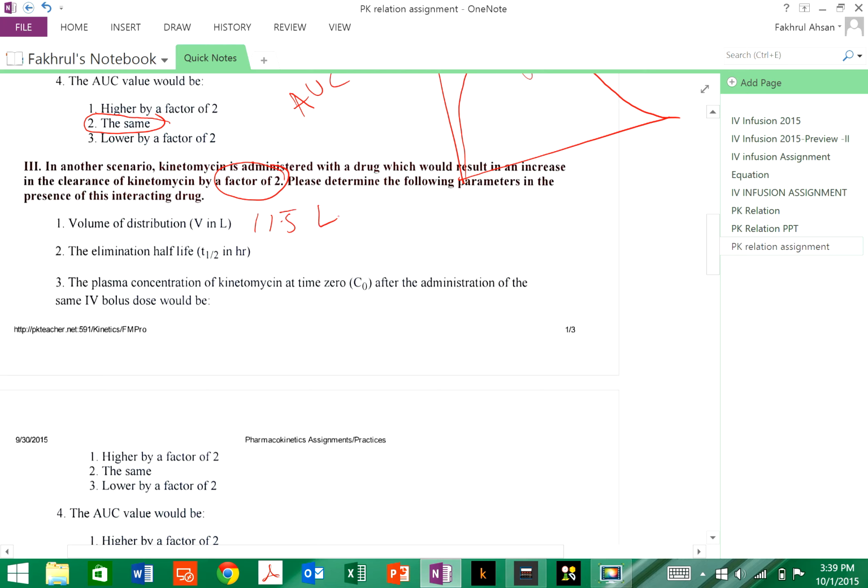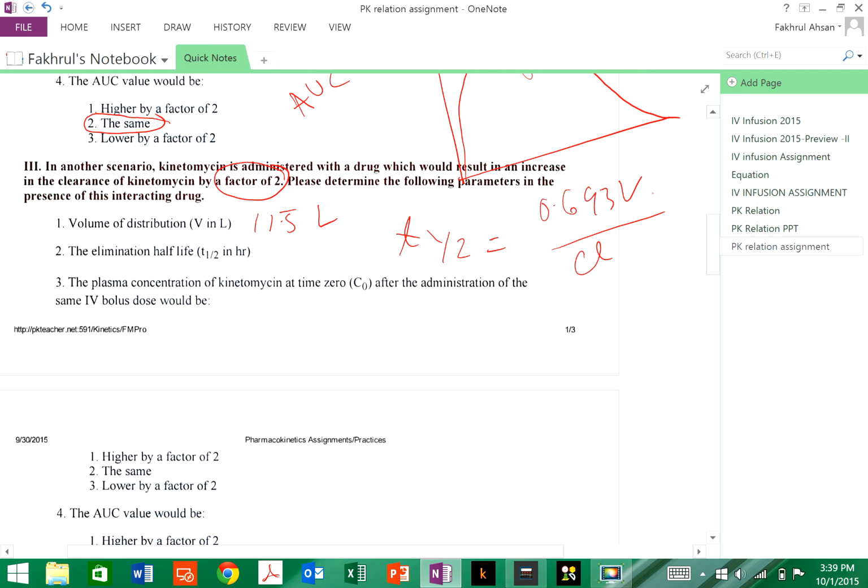11.5 liter. But elimination half-life is going to change here because clearance has doubled, so T half is equal to 0.693 V divided by clearance.